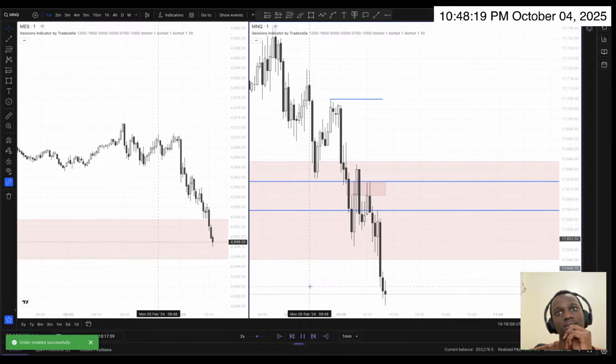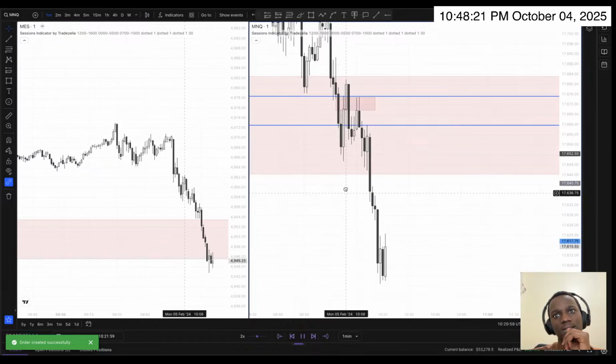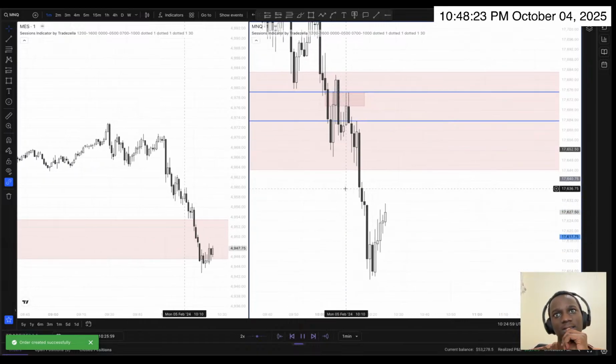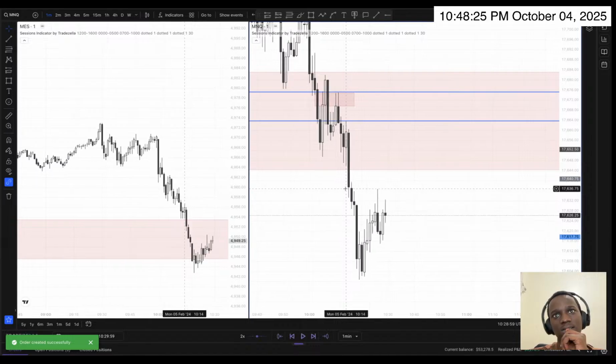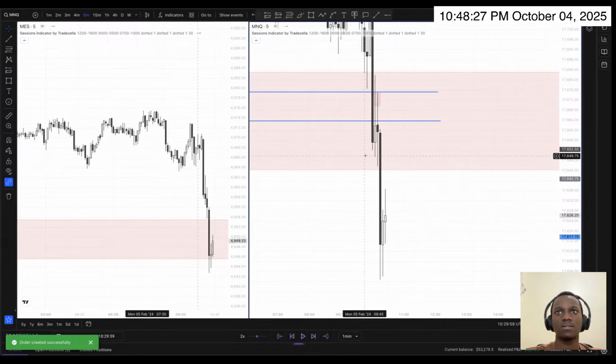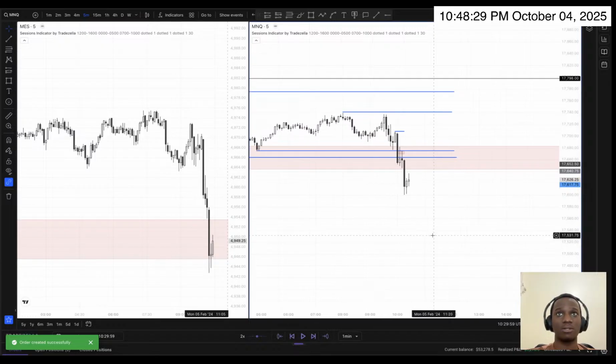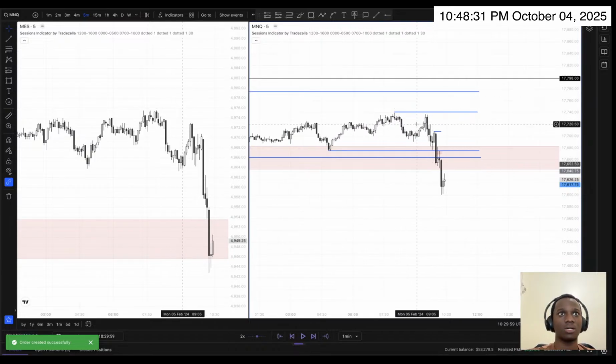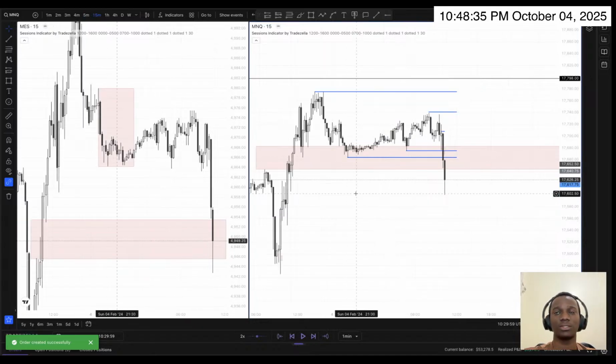Okay, very aggressive stop. Click up on the 5, looks like we're bearish, and I was wrong, and we took our loss of the day, and we move on.